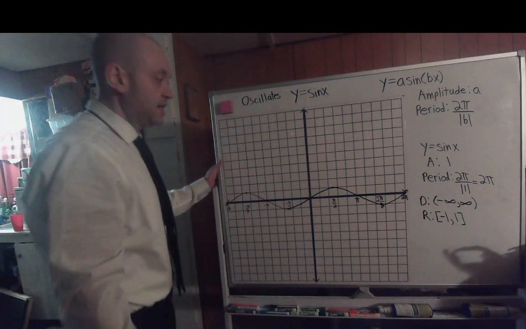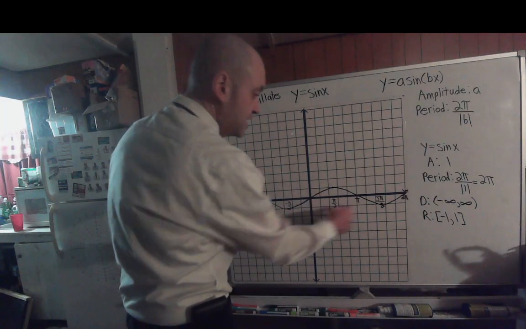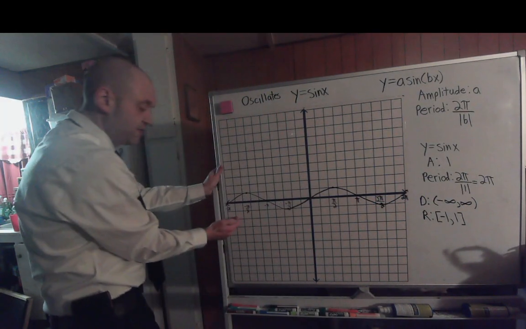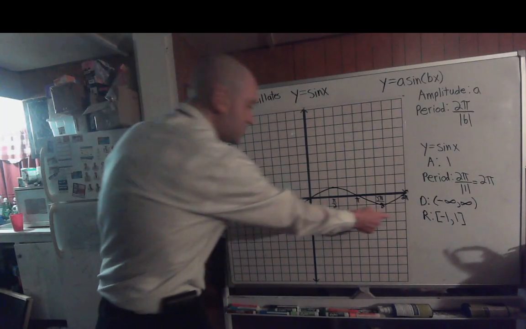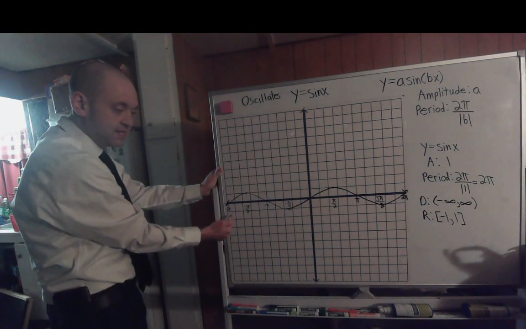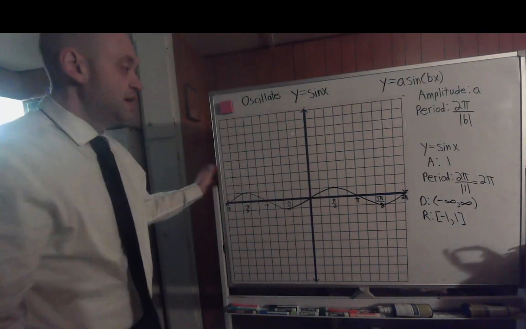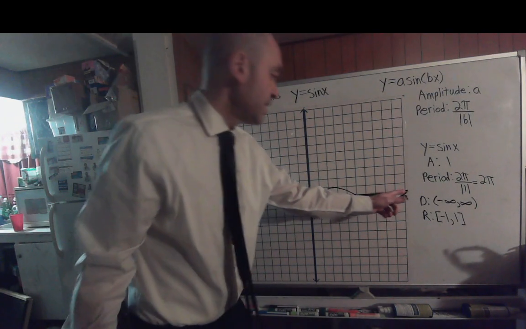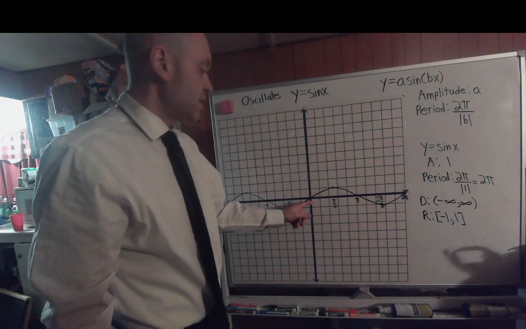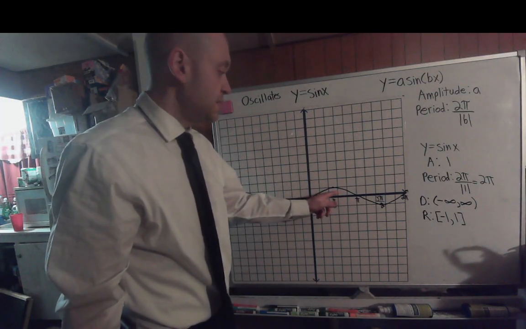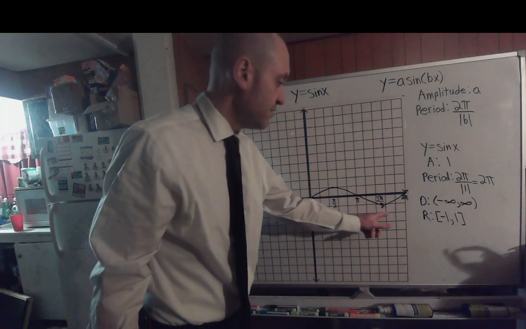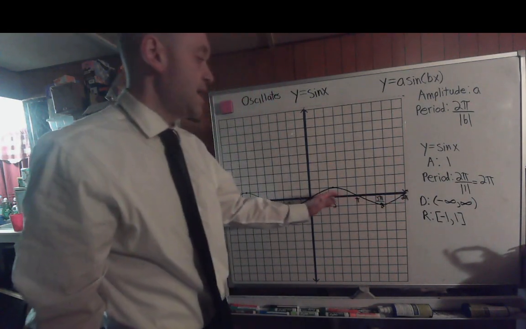And if you look here, look from 0 to 2 pi. I have these charted out from 0 to 2 pi and then all the way down to -2 pi to the left. It completes one period in 2 pi. It goes from 0 to 1, back to 0, down to -1, back to 0 at 2 pi.